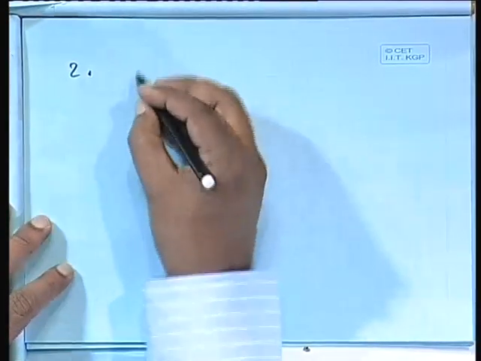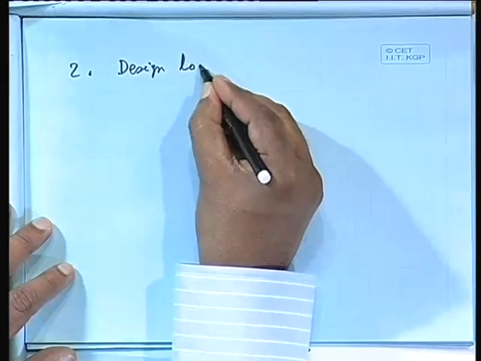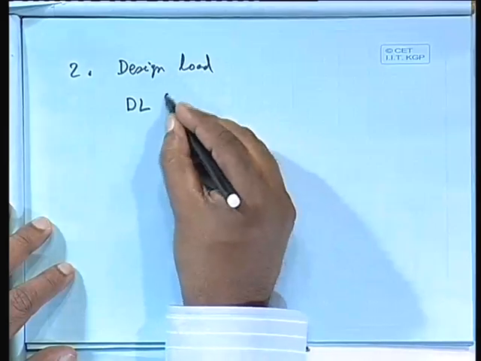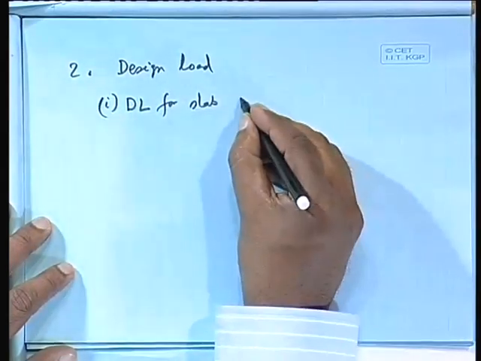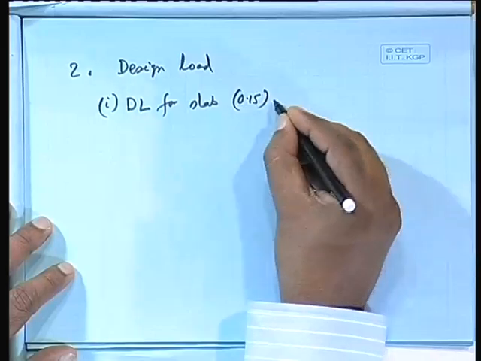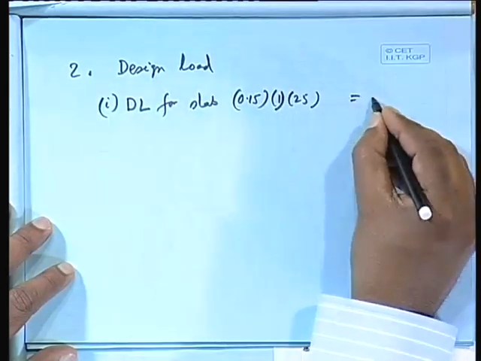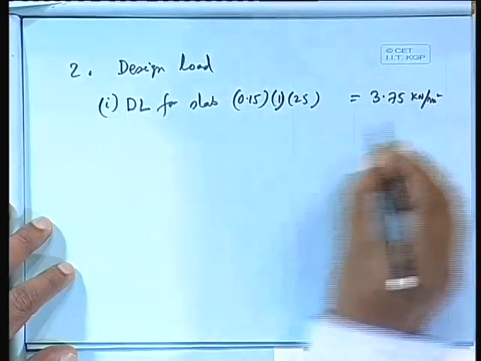Number 2, design load. So dead load for slab, that is 0.15 into 1 into 25 equal to 3.75 kilonewton per square meter.